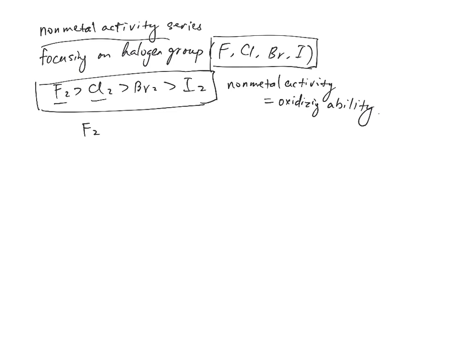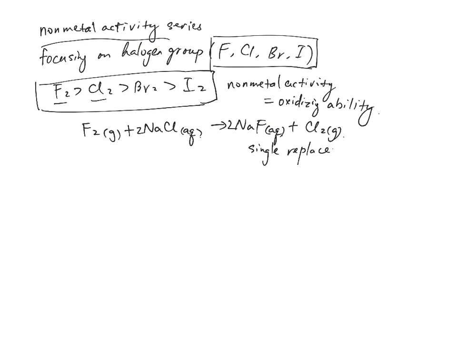If you put fluorine gas into a solution containing chloride ion, you would see that your fluorine is going to turn into ions, while kicking chlorine gas bubbles out of the solution. Again, a single replacement reaction.